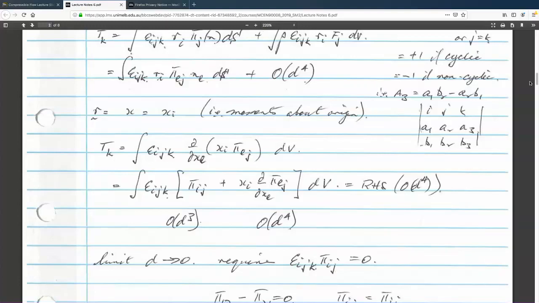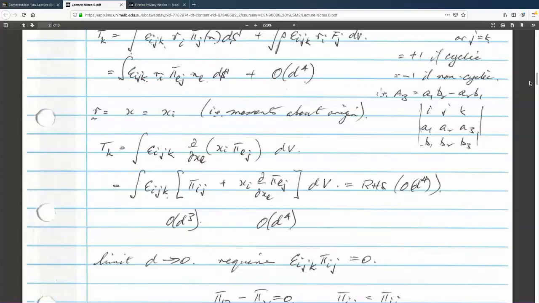It could be large scale. If the force varies slowly over the area, then this could be quite large. But this is order d cubed, and this is the size of the volume, so this term is order d to the fourth. And my right-hand side are these fluxes of momentum, and they're also order d to the fourth.